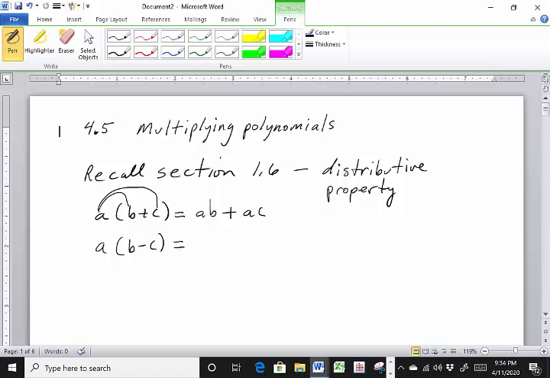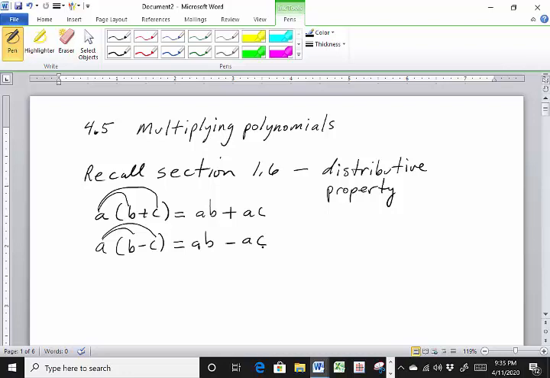A times B is AB, A times C is AC, and this is over subtraction, so you subtract. We'll do a few variations of the distributive property, but it's basically all the same.